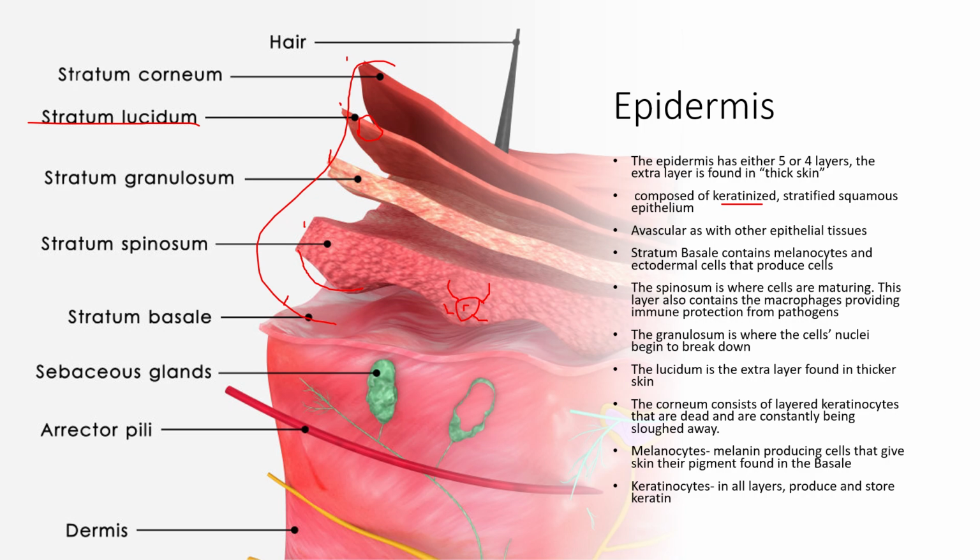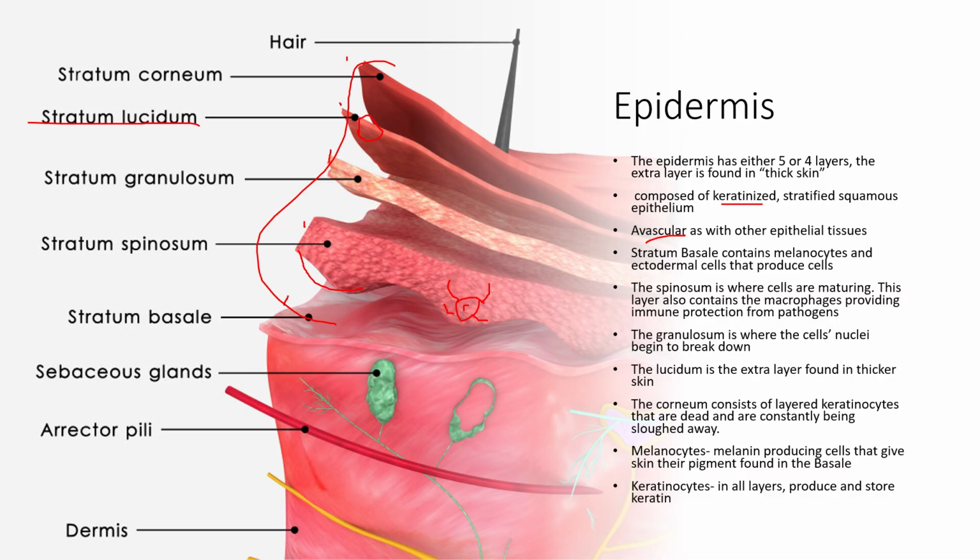When they run through their life cycle and become fully matured, they've produced a lot of this protein called keratin, which they leave behind, like a little keratin skeleton. We call that keratinized. So it's composed of what's called keratinized stratified squamous epithelium. It is what I would call avascular, right?